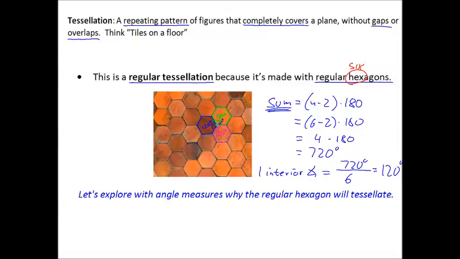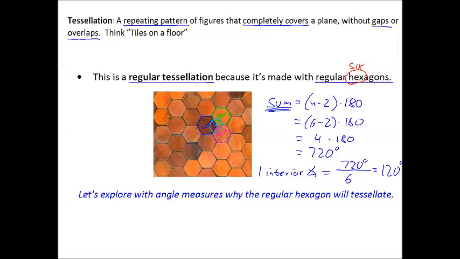So if I look at this point where the three angles of our three hexagons meet, and I trace around where those angles are, I can make a full circle without any gaps.